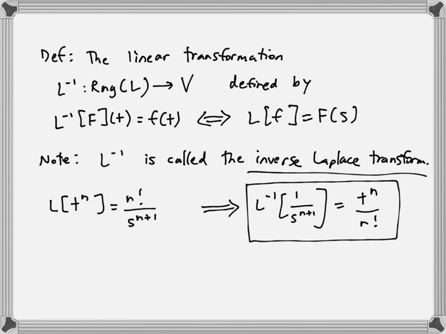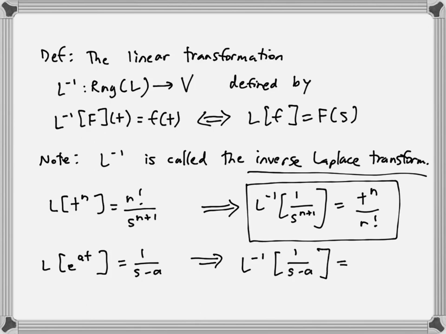Every formula we had before can be reversed, right? So remember, we also did the Laplace of e to the at, and we got 1 over s minus a. What this means is that the Laplace inverse of 1 over s minus a is equal to e to the at. We have some more.